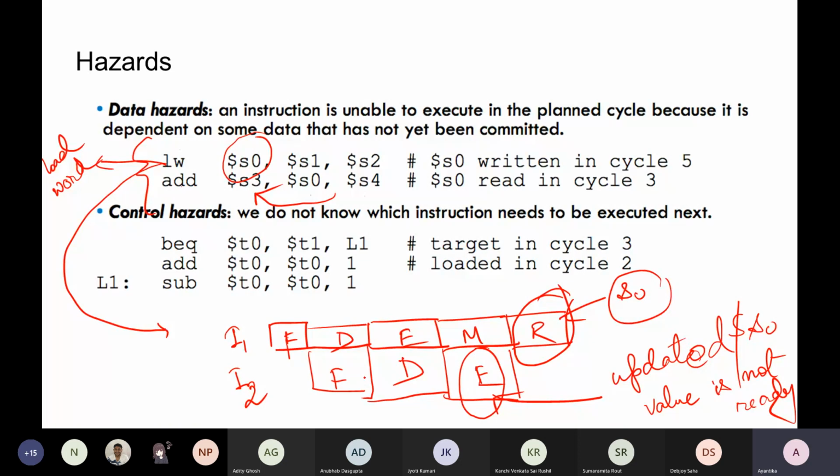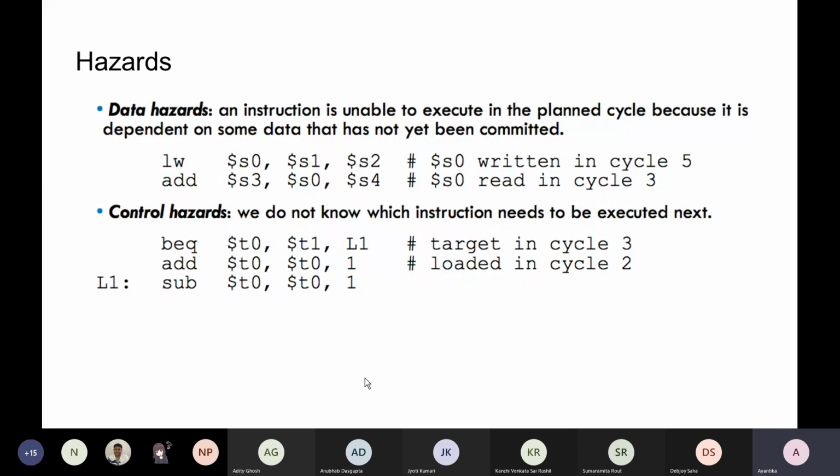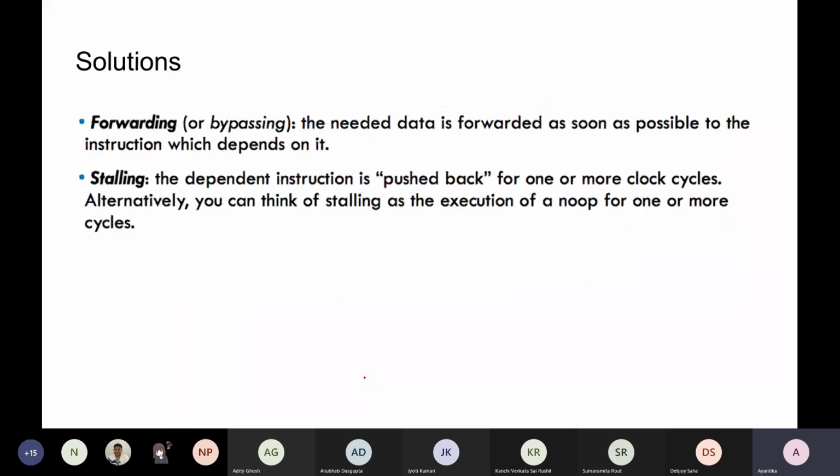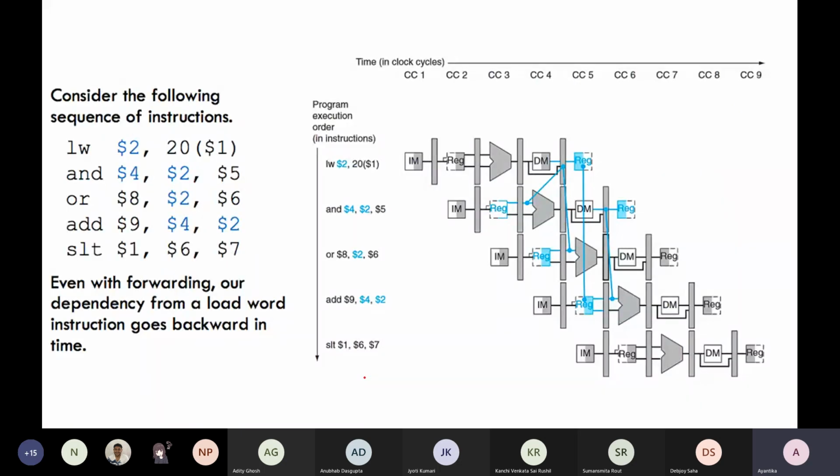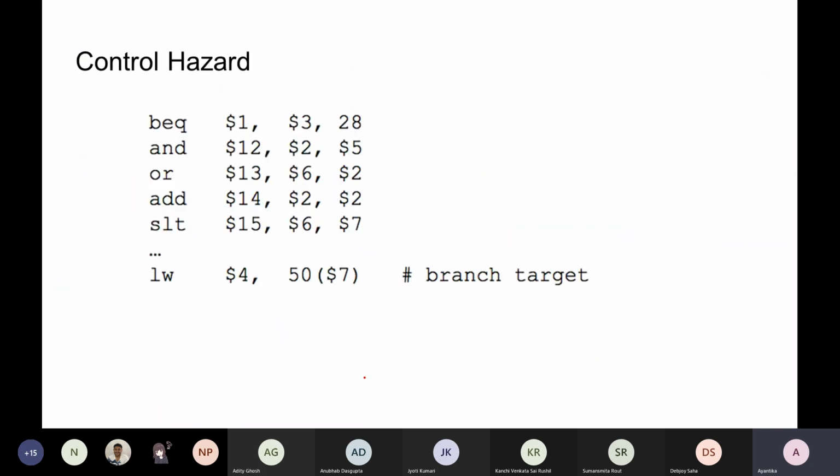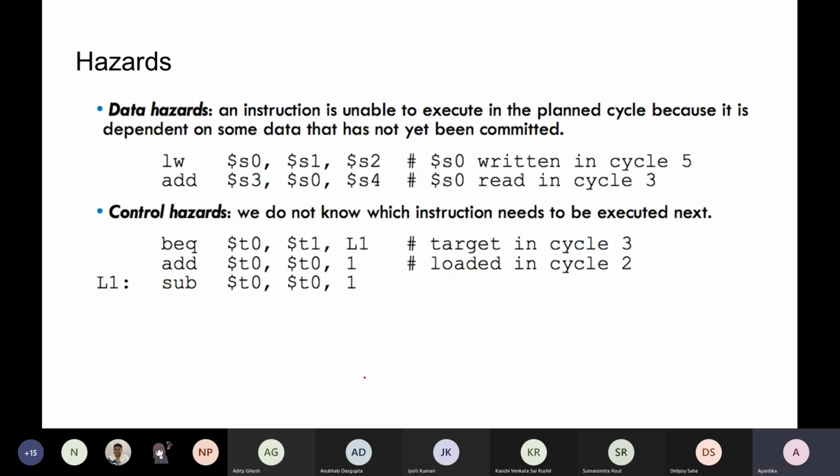So this situation is called data hazard. And for that, what you have to do? The solutions we will come to later. First check another example. This is for data hazard.